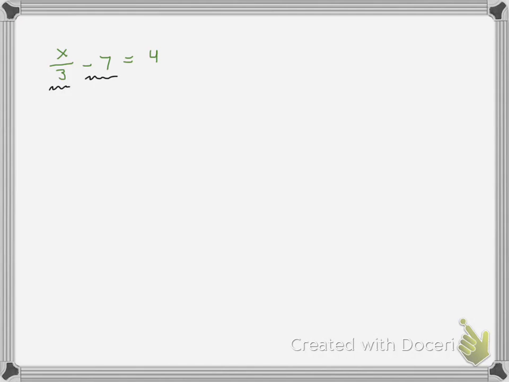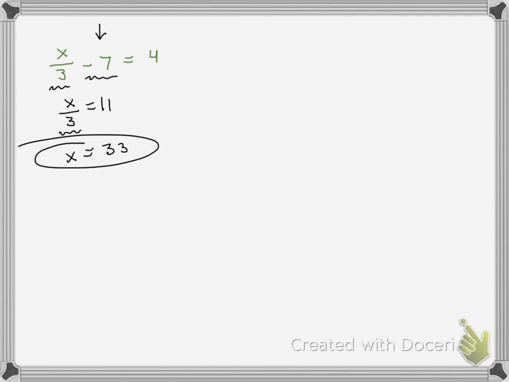I must do this one first. You do an addition or subtraction before you do a multiplication or division. So keep this down just as it was above. The opposite of subtracting 7 is adding 7. 7 plus 4 is 11. Now I've got to get rid of this. The opposite of divide is multiply, so I end up with x equals 11 times 3, or 33.